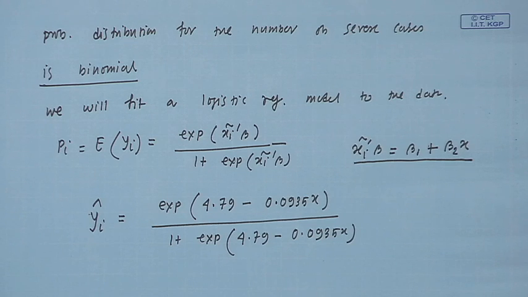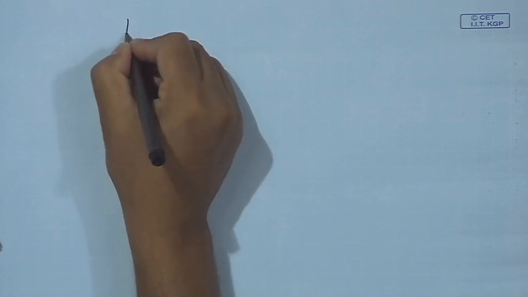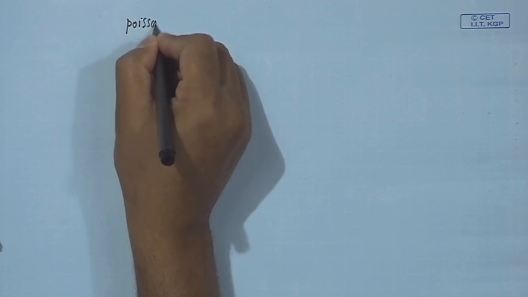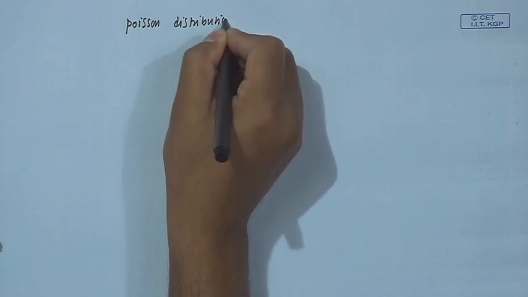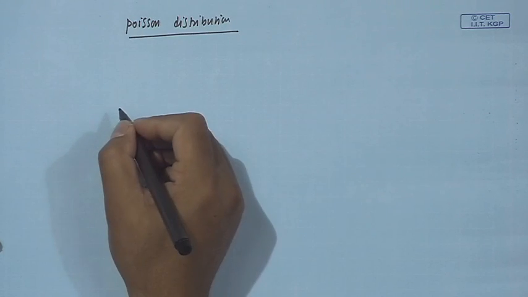I gave an example to illustrate the binomial case. Let me go for the Poisson distribution now. Okay.